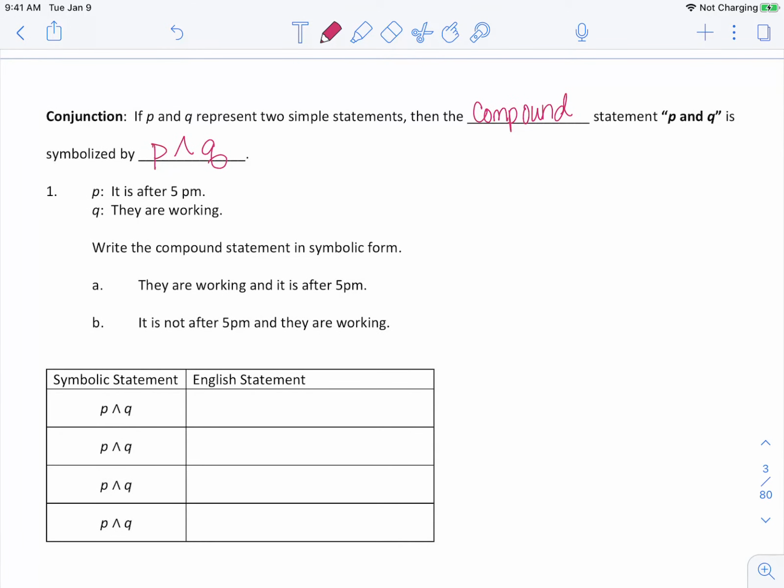If P and Q represent two simple statements, then the compound statement P and Q is symbolized by P, and then that's their and symbol, Q.